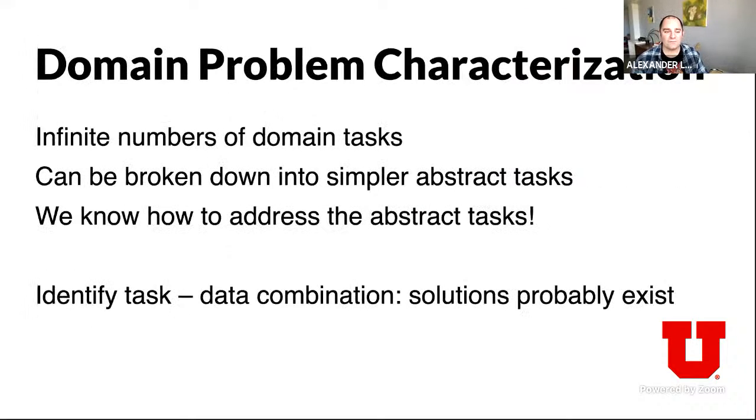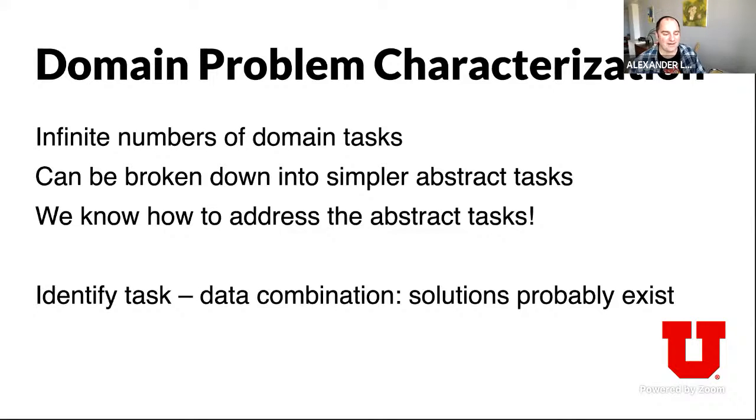So when we do this domain problem characterization, as I already hinted at, we have an infinite number of domain tasks, but you typically can break them down into simpler abstract tasks. And then we do know how to address these abstract tasks.